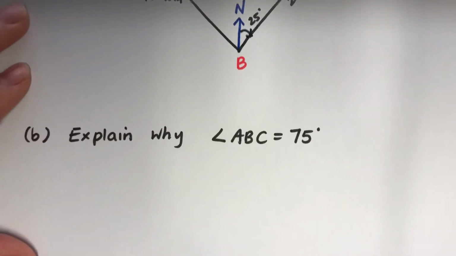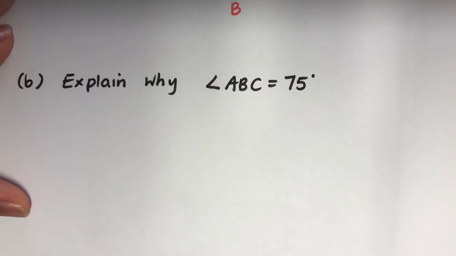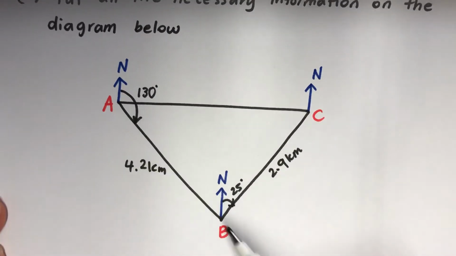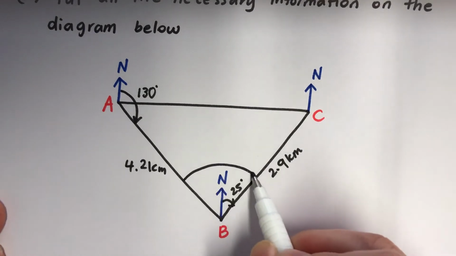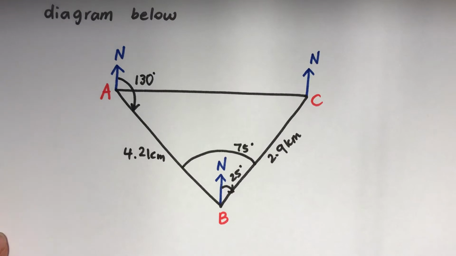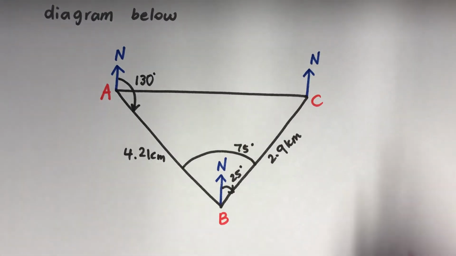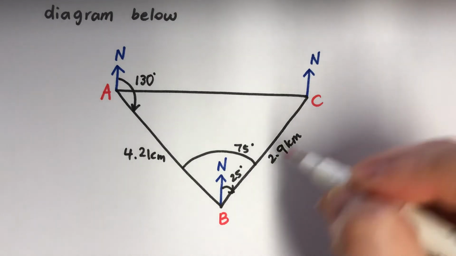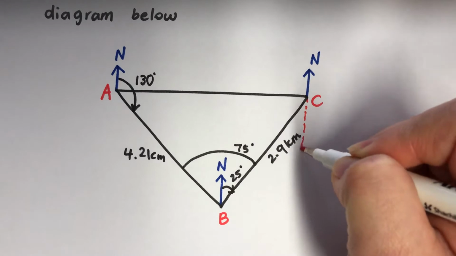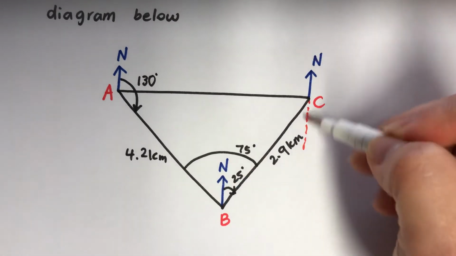Excellent. Next one, explain why angle ABC is 75. So this whole angle is 75 degrees, and we have to prove it. I'm just going to use the diagram to do this. If I put something like that, can you see this is parallel?